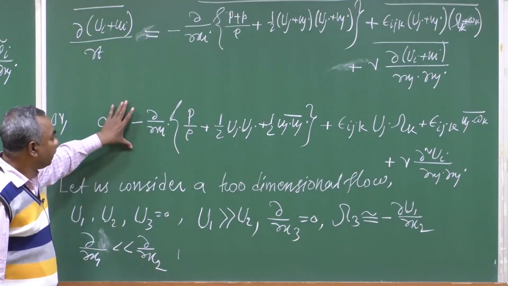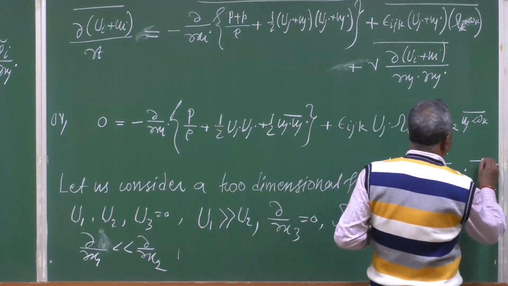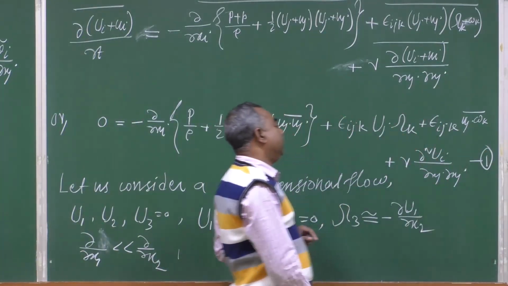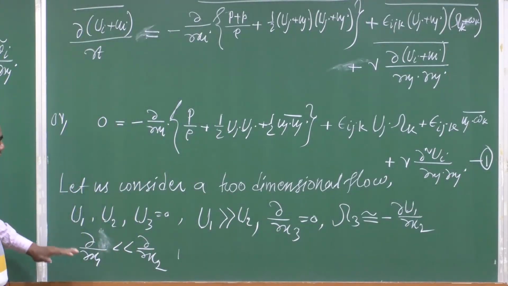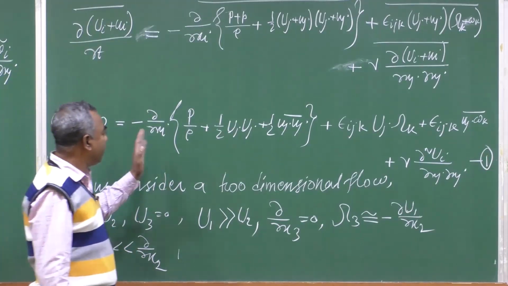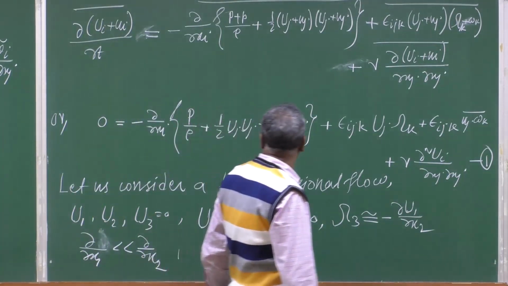Now, if we consider this particular equation, let us now consider this equation to be 1. If we consider this equation 1, then that equation 1 can be written for this particular type of two dimensional flow, and in that particular case what we can get, we can write it here. Okay.